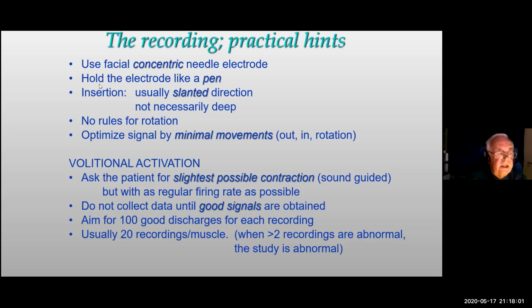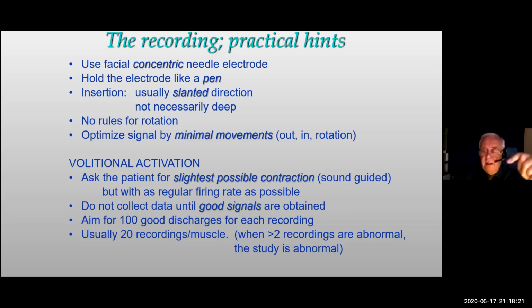And here are some practical comments. We use the concentric needle electrode. We hold the electrode like a pen when we insert the needle. We just put it in carefully.